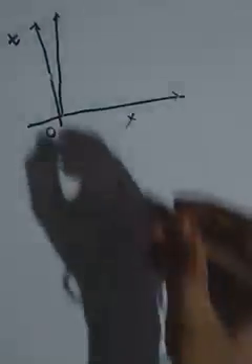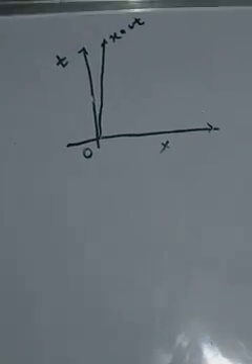Then the equation of motion of the trajectory will be x equals v times t, where v is the slope of the graph, or the velocity.